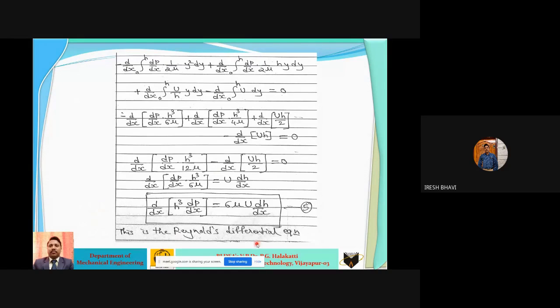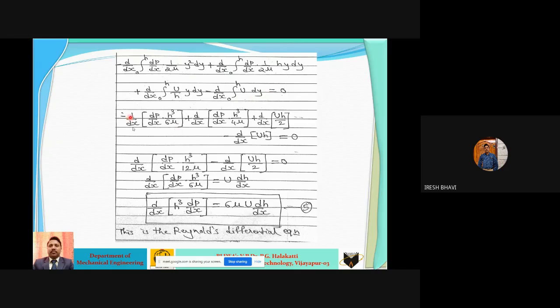Now let us simplify this one. Minus d by dx, let us take it as common. 0 to h dp by dx 1 by 2 mu y square dy plus d by dx of 0 to h dp by dx 1 by 2 mu h into y into dy plus d by dx of integration 0 to h u by h y into dy minus d by dx of 0 to h u into dy.